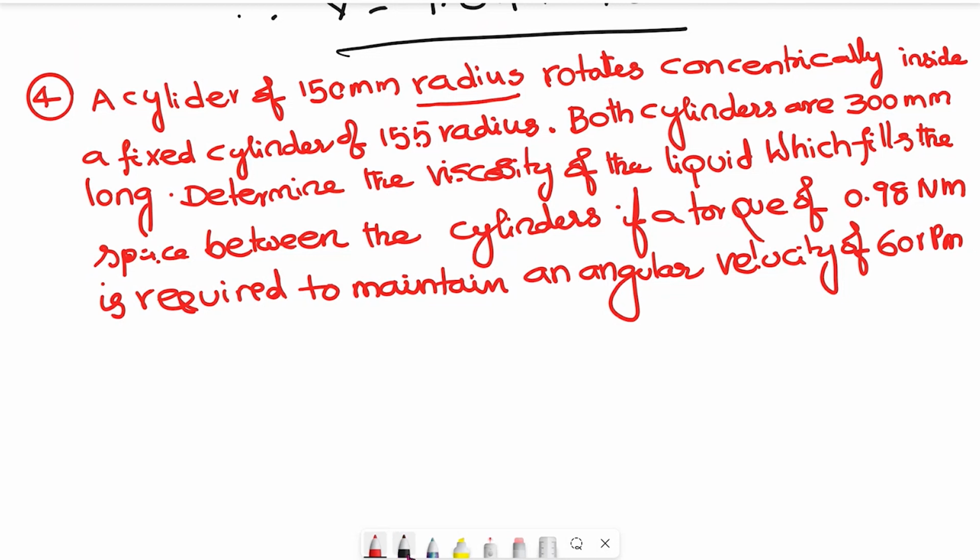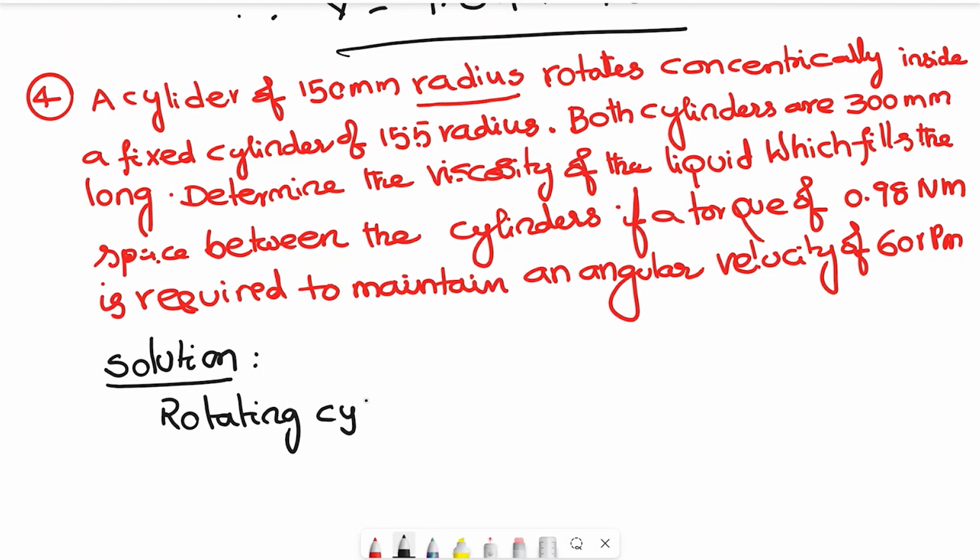So let us read the problem and first fix the data. What is the data given? Rotating cylinder, if you want, you can write like that also. Rotating cylinder radius 150 mm.